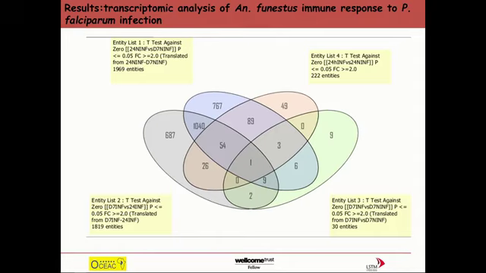Concerning transcriptomic analysis of the Anopheles funestus immune response to Plasmodium infection, here you have a Venn diagram comparing the 4 comparisons.